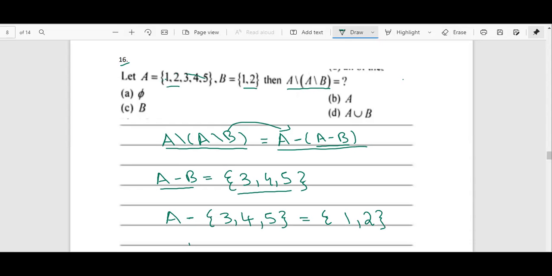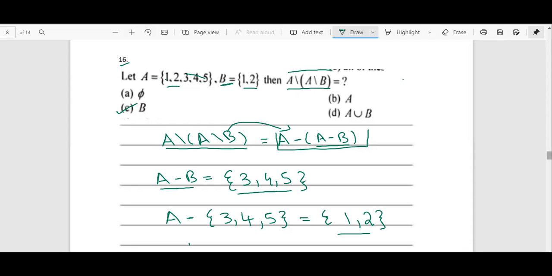So this {1, 2} is basically the set B, right? So C would be the answer. So in short, just know that this notation is not that easy to interpret. First step is to write it down in such a way that it is easily understandable. Once you are able to understand it easily, then you can solve any question.